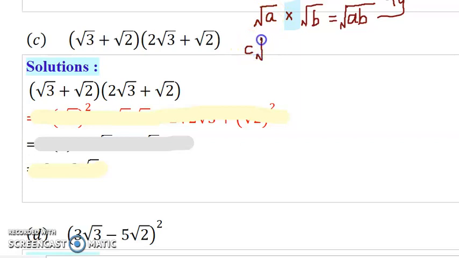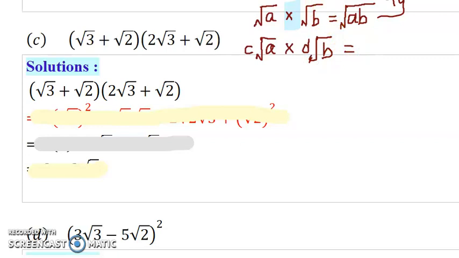For example, c square root of A multiplied by d square root of B. In the case of multiplication, we multiply the integers outside, so we have CD, and then this result CD further multiplies with the multiplication result of the surd terms, which is square root of AB.